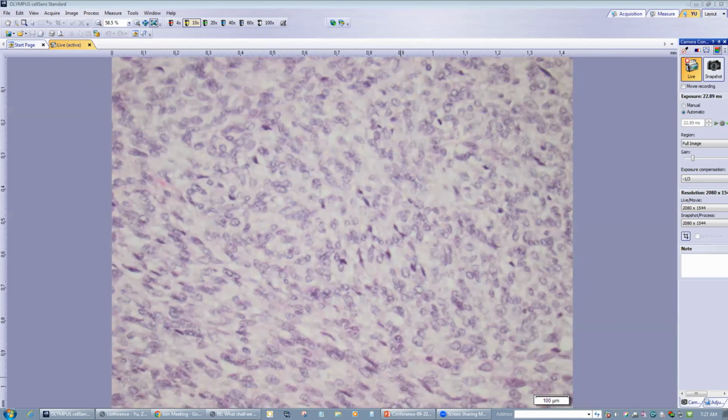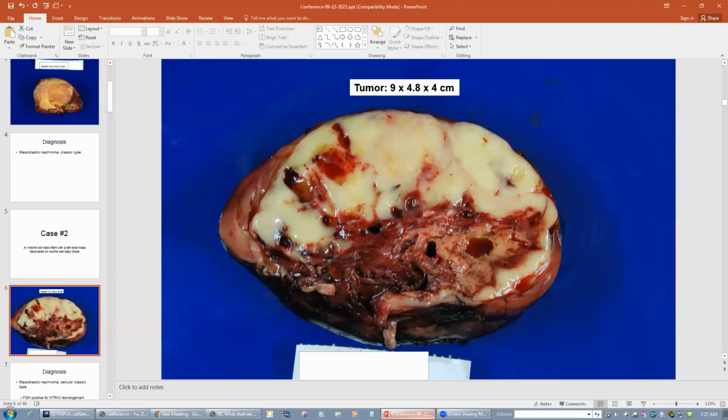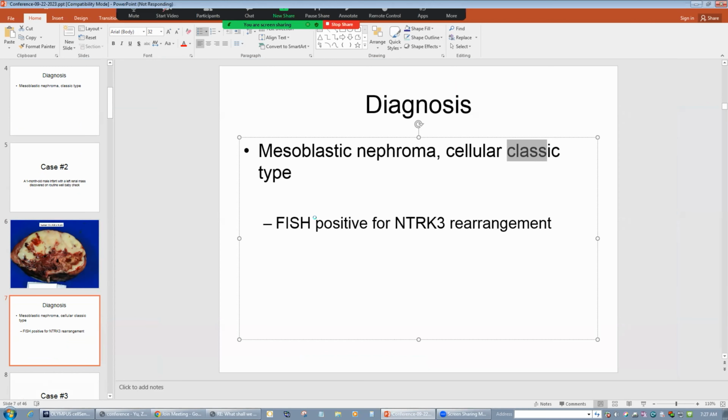So that's cellular spindle cells in a very young child, like a 1-month-old. Probably you already have the diagnosis in your mind: mesoblastic nephroma, cellular type.